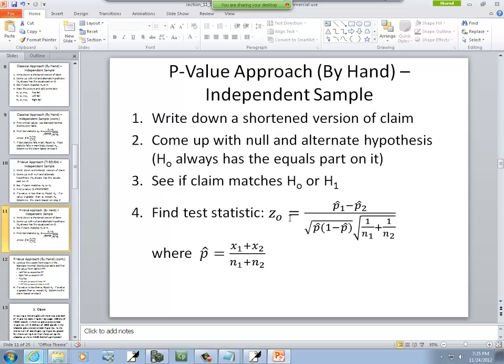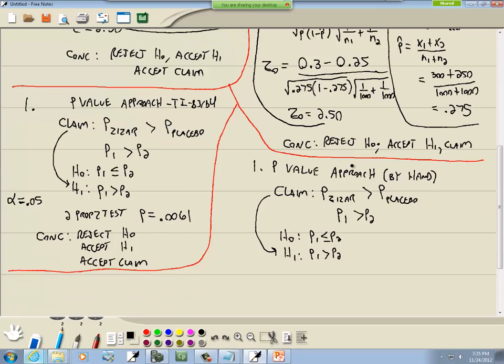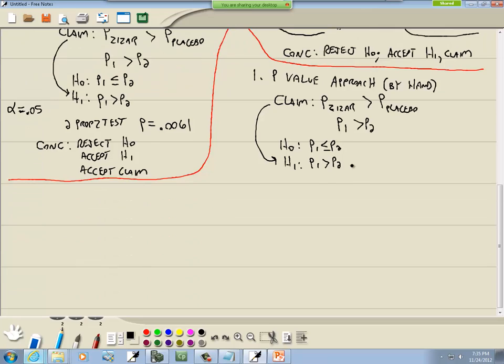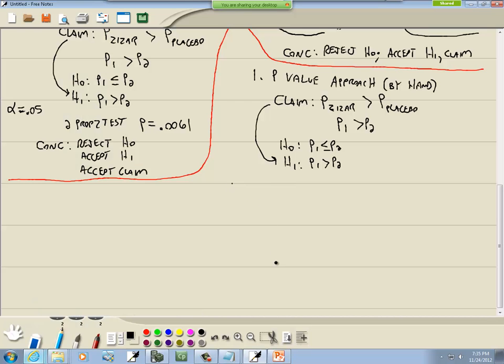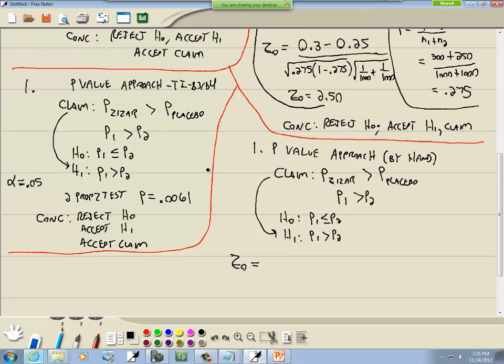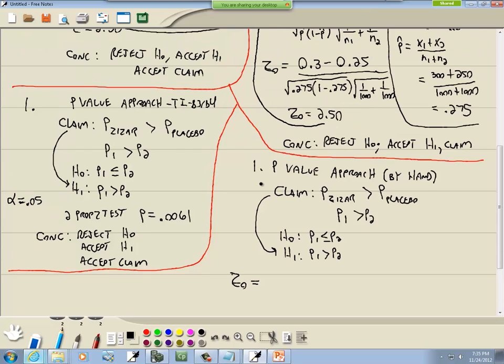Well, now we're down to step 4. It says find this. Well, that looks familiar, doesn't it? That's what we just found up above. Let me write it down. I'm about out of space. So I'm going to use that same formula as up above. I'll just write it down and then write down the answers.